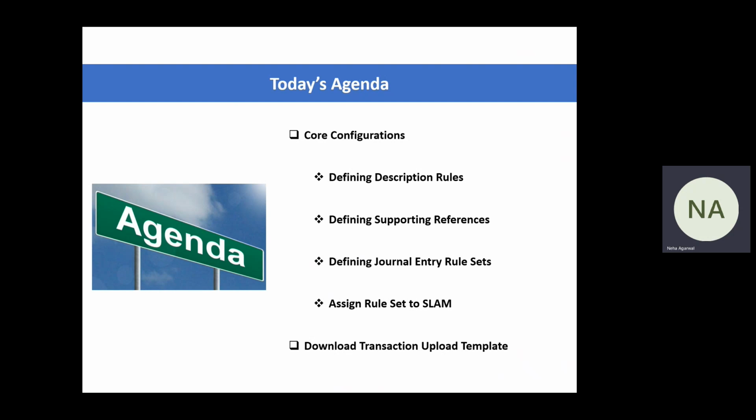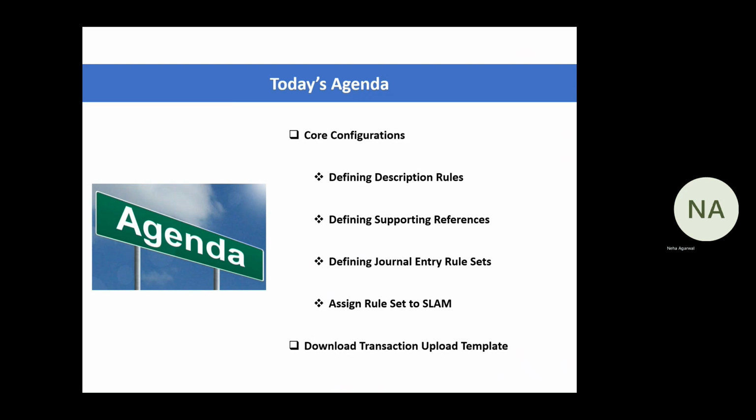Once we have created the general entry rule sets, all the components will be defined and mapped in that general entry rule set, and then this rule set will be assigned to our accounting method, and the accounting method will be assigned to our ledger. Once we have completed the core configurations, we will see how to download the template of the transaction data that needs to be uploaded.